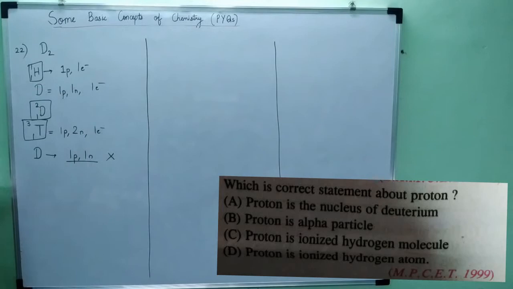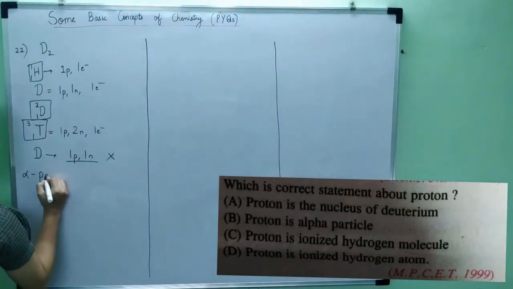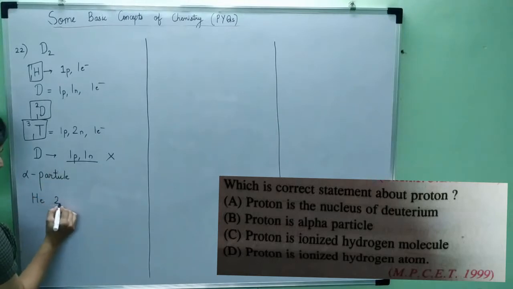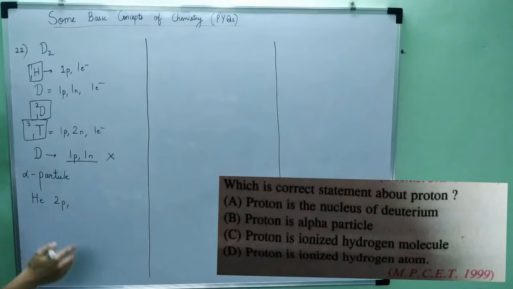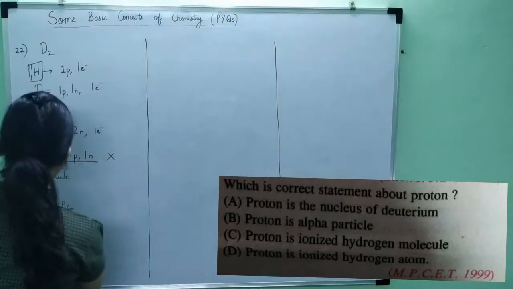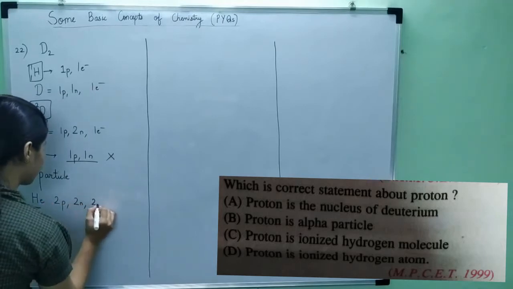The next is, proton is alpha particle. Now what is an alpha particle? An alpha particle is a helium nucleus. So what is helium? Helium has 2 protons, the atom right next after hydrogen. So after hydrogen we have helium. It has 2 protons, 2 neutrons and 2 electrons.